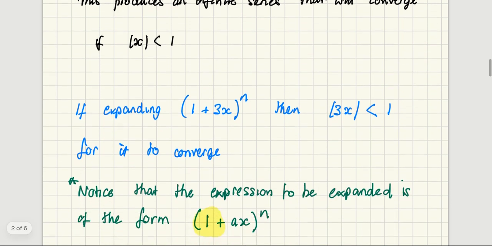When we expand something like 1 plus 3x to the power of n, it's the 3x that must be less than 1, because it's the 3x that gets multiplied every time. That's the ratio. Otherwise, it's not going to converge. If it doesn't converge, the expansion is not valid. It's just going to go on forever and ever.